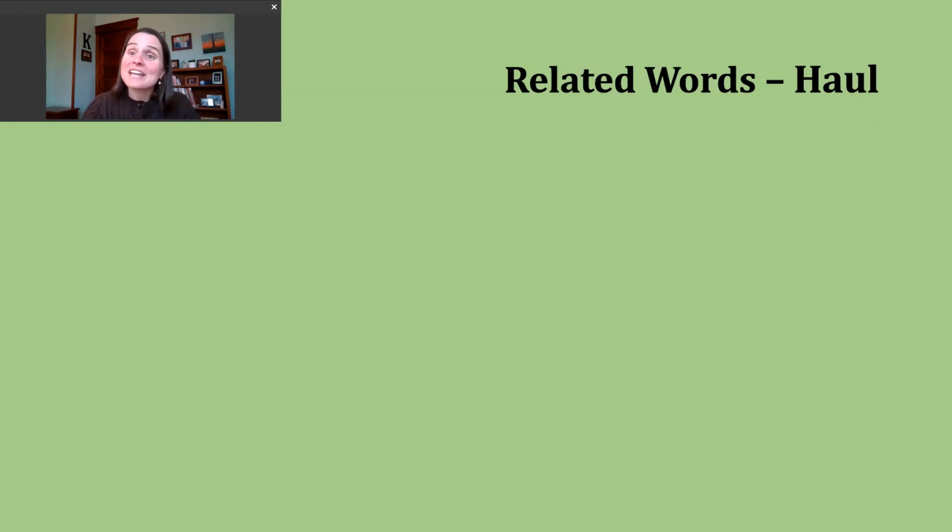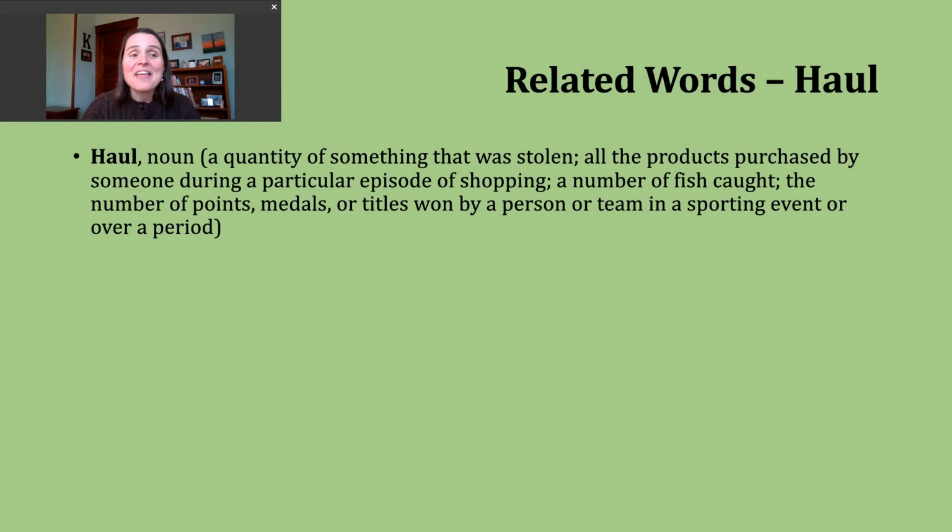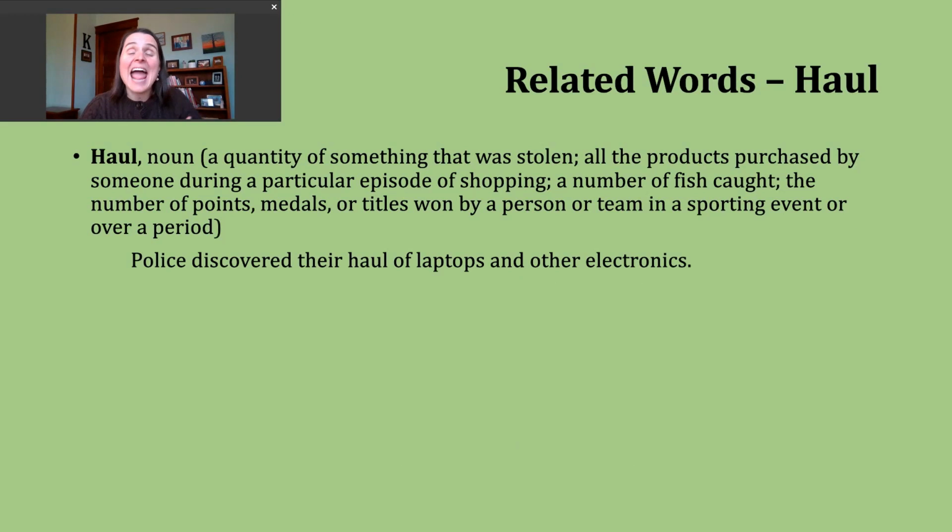Now let's move on and talk about some words that are related to our verb haul. And the first word we're going to discuss today is the noun form of this word. So exact same spelling and the exact same pronunciation. The noun haul can be used in a few different ways. One way is to describe the quantity of something that has been stolen. An example of this: police discovered their haul of laptops and other electronics.